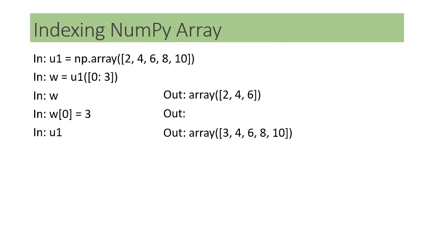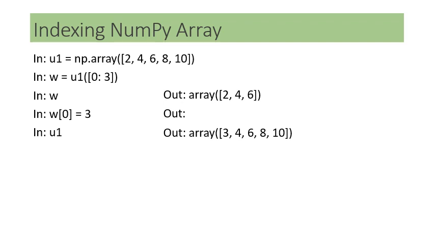So indexing a NumPy array, integer: U1 is equal to np.array 1, 2, 2, 4, 6, 8, 10, and W could be U1 0, 3. 0, 3 means what? The first column and the third, right? So where's the third? 0, 1, 2, 3, so it becomes 8.